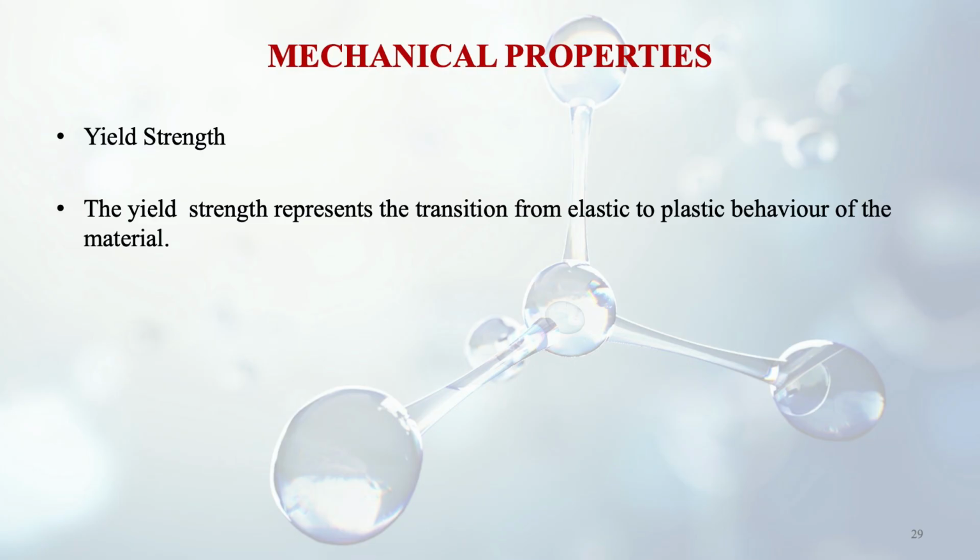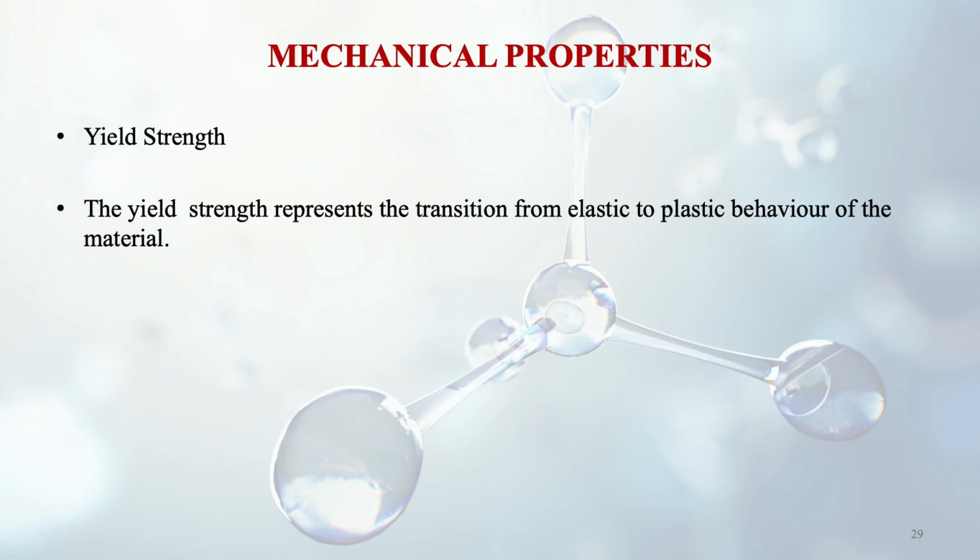Again, the same thing which I discussed during the explanation of the stress strain curve, that during elasticity, when we apply some load on the specimen, on removal of that load, the material will come back to its original position. But in case of plastic behavior, the material will not come back to its original position.